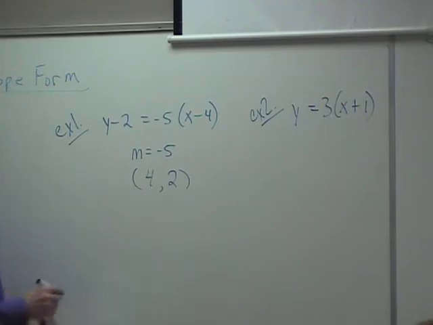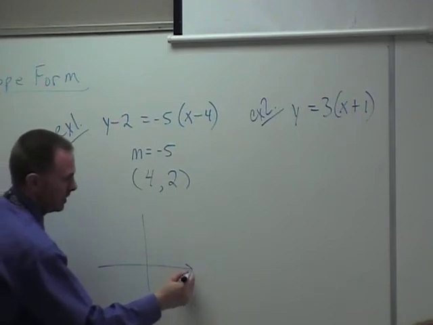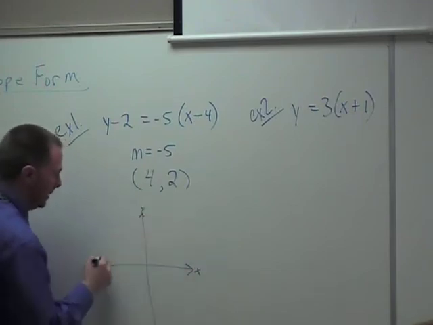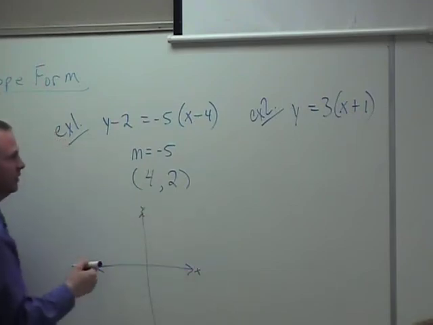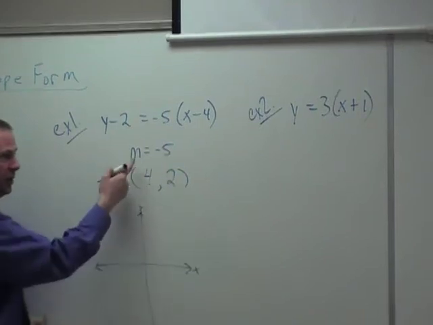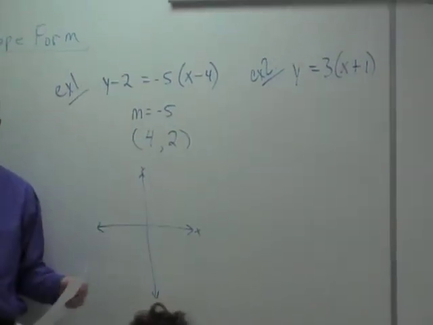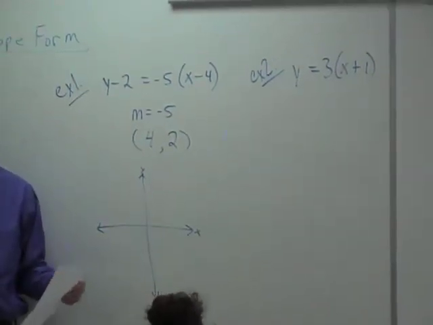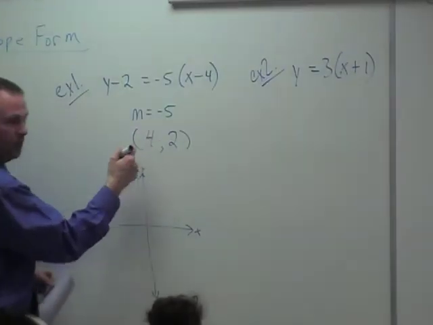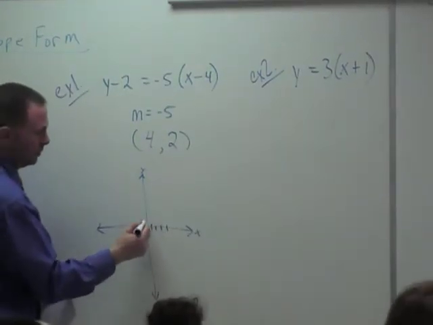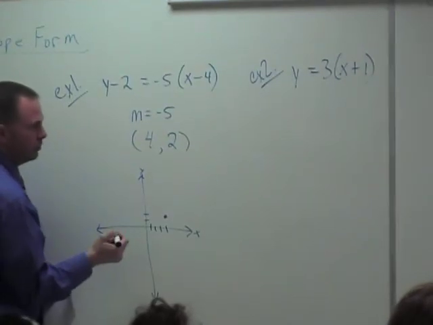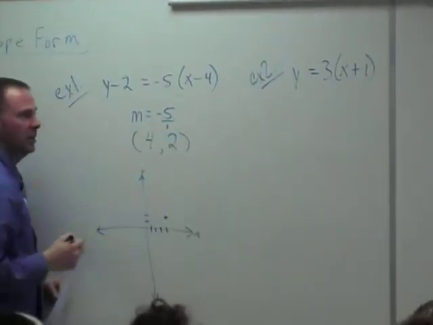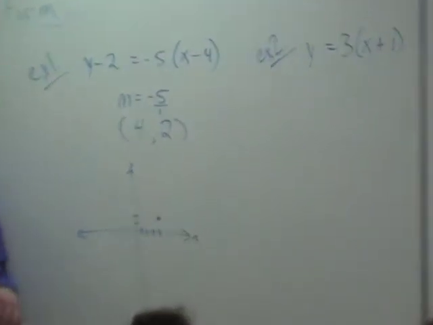If you had to graph this, this is how you would graph it. Everybody pay attention. I'm not going to teach you this again. You've got to start at a point. You can't start with slope because you don't know where to rise and run from. You've got to rise and run from the point given. 1, 2, 3, 4, 1, 2. That's your point. Your slope is rising negative 5 and running positive 1.